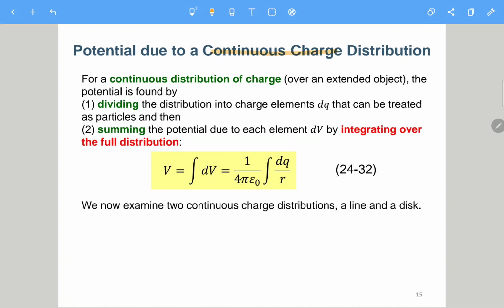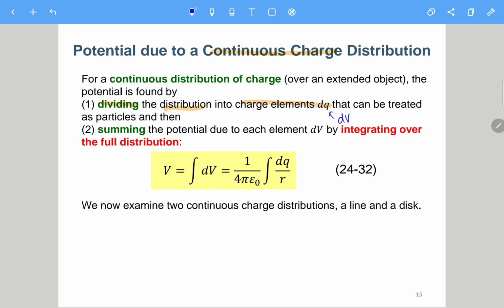We need to separate the charge into many small charge packets, divide the distribution into charge elements dq, and then calculate the dv according to this dq.